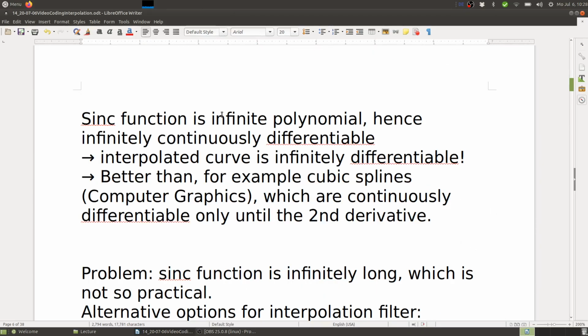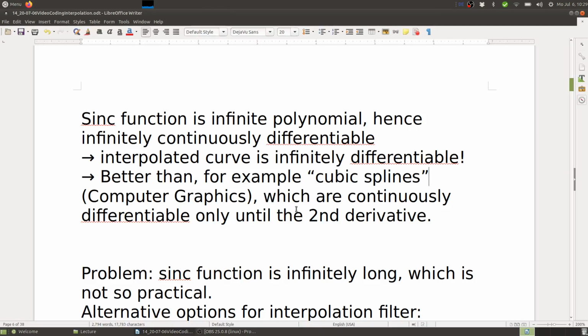The sinc function is an infinite polynomial, hence it is infinitely continuously differentiable. Remember, the sine function is an infinite polynomial, so the same is true for the sinc function, which means we have this infinite differentiability. And this is actually better than, for instance, the so-called cubic splines, which we know from computer graphics. This is what they use in computer graphics.